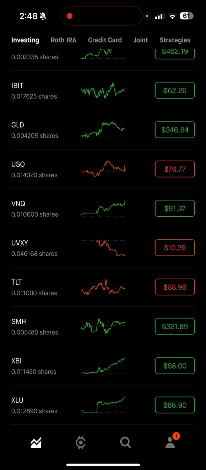So why do we like these? We like these because we want to have different asset classes. We want to have diversification away from stocks and ETFs. These commodities are largely uncorrelated to your stocks. Bonds, real estate, volatility, these provide additional uncorrelation to the stock market.